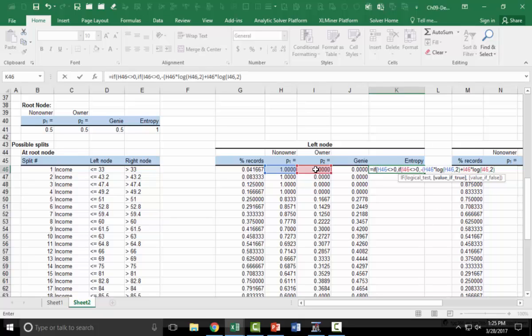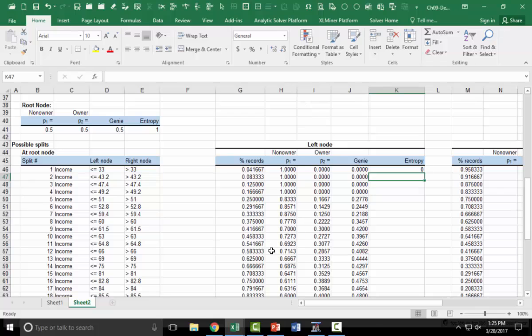Otherwise, you have to put 0. That is for the first if, and for the second if, otherwise you put 0. Okay, so I need a bracket there.